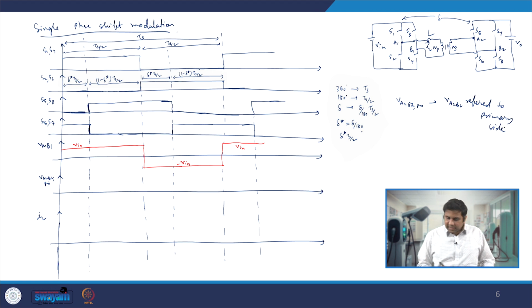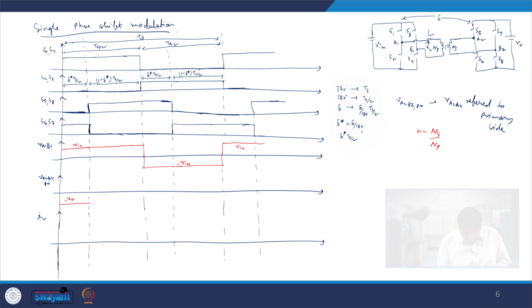If we look very carefully, when my S6 and S7 are on, I am applying from the secondary side minus V0, and this minus V0, referred to the primary side, is V0 by N, where N is Ns by Np. So here with S6 S7 we are applying minus V0 by N voltage from A2B2 referred to the primary side.